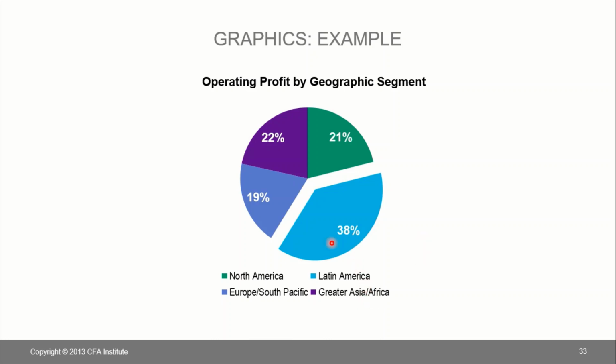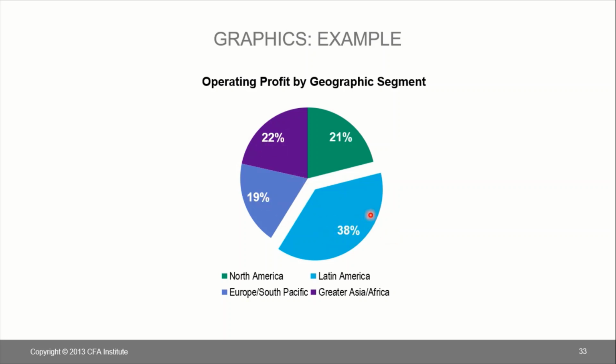Okay. Obviously, the biggest share of the pie is coming from the Latin America, which is 38%. So you know that among these four continents, Latin America showed that it created more operating profits as compared to the other counterparts.